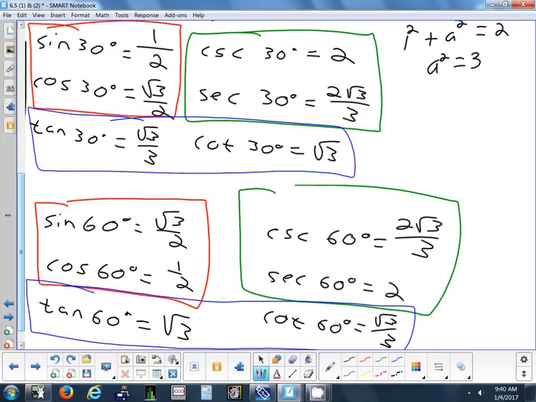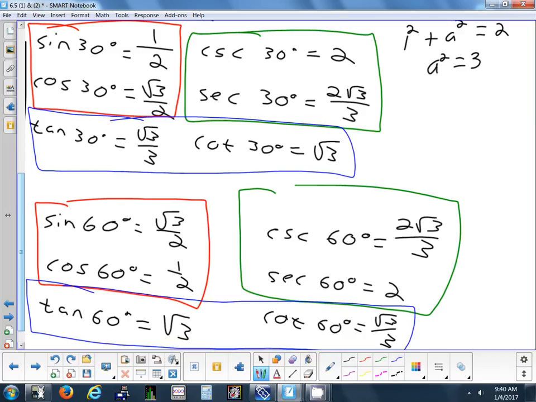And if you look at what switched places, it kind of makes sense. Just look at the words. Sine switched with cosine. Secant switched with cosecant. And tangent switched with cotangent. So each function flipped with its, what we call its co-function.